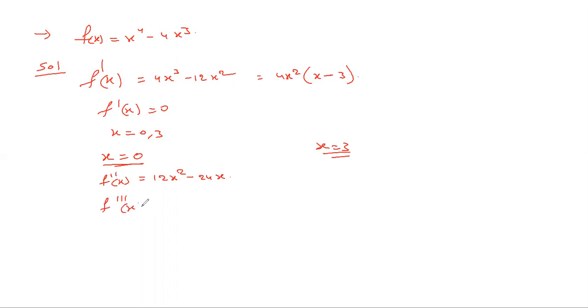Finding triple dash, it will be 24x minus 24. At 0, it is giving a non-zero value. F triple dash of 0 is negative 24. Because it is odd and giving non-zero, it is neither maxima nor minima at x equal to 0.